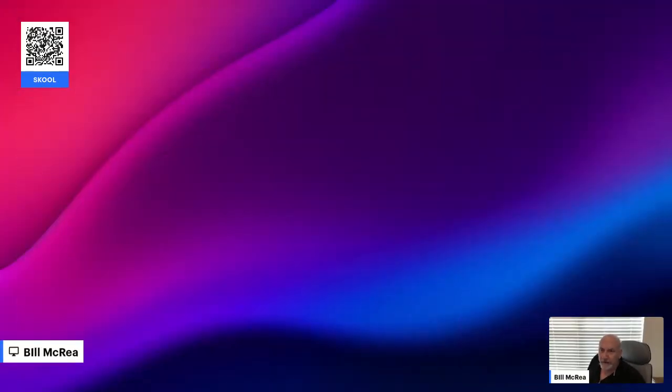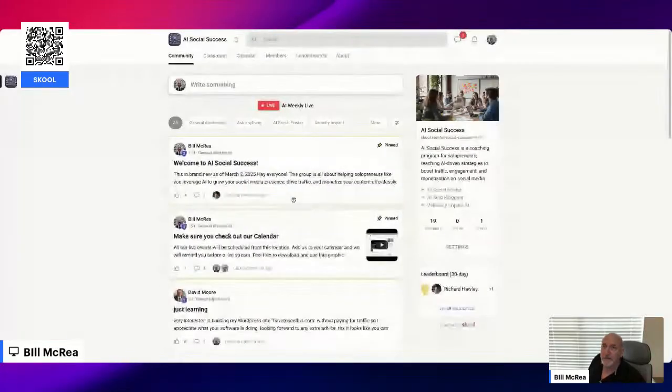First off, I'm going to show you the school platform. I think I might have done this last week. The school is a membership site that we can use to communicate with people and keep up to date. It's called AI Social Success because everything we're doing is AI, and the social stuff is huge.